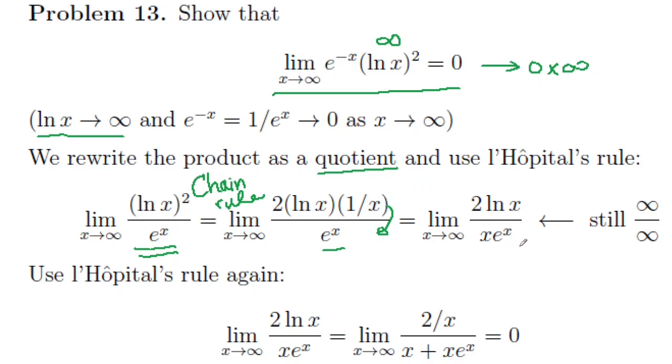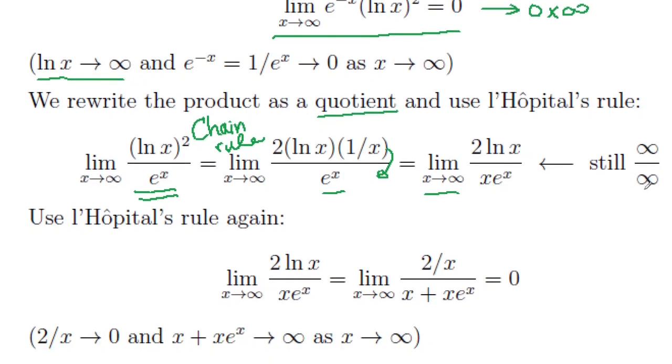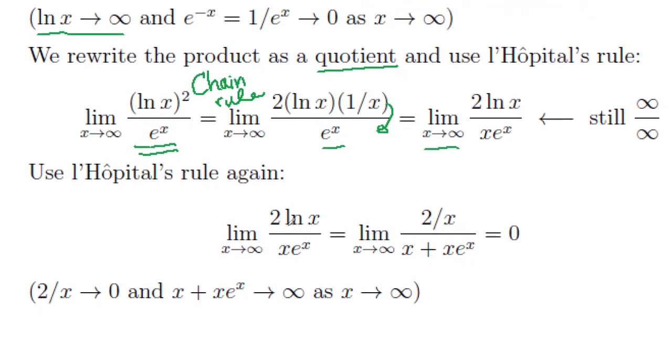Notice that as x goes to infinity, ln of x and the denominator all go to infinity. So we have still an infinity over infinity form. And apply L'Hopital's rule again to this last expression. Derivative of 2 ln of x is 2 times 1 over x, or 2 over x for short. Derivative of x e to the x is a product rule application.